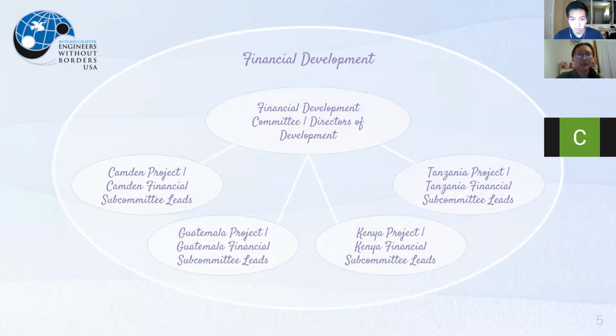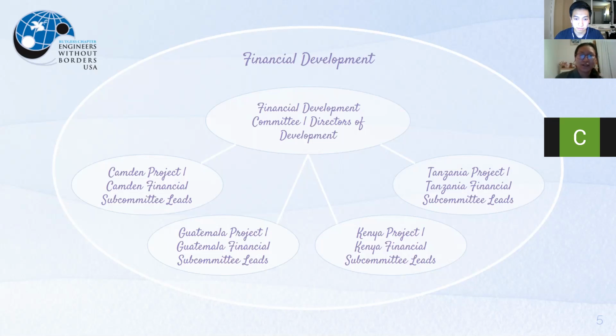The chapter as a whole will hold financial development meetings, also known as FinDev meetings. These are run by Paul and me, the directors of development. Every financial subcommittee lead of all four projects is required to attend the FinDev meetings, and anyone interested in the financial development branch of EWB as a whole is more than welcome to join.